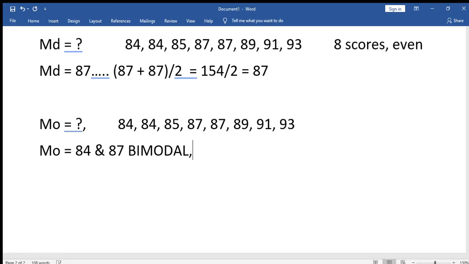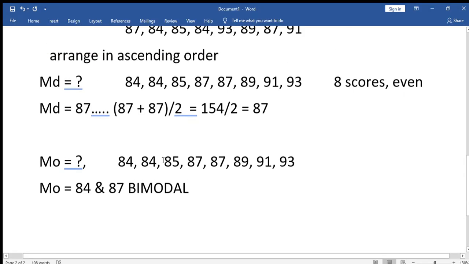Unimodal if it has only 1 mode. Trimodal if it has 3 modes. And there are also instances wherein a given data set has no mode. When we say it has no mode, that means all the scores are unique without any repetition.